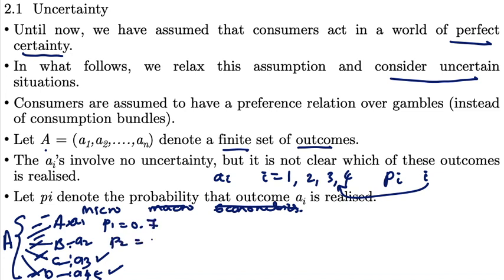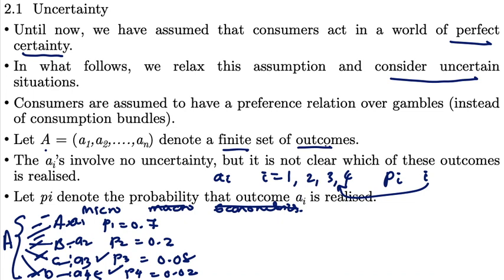This one 0.2. This one 0.08, for instance, and P4 0.02, for instance. Okay, so Pi denotes the probability that outcome Ai is realized.